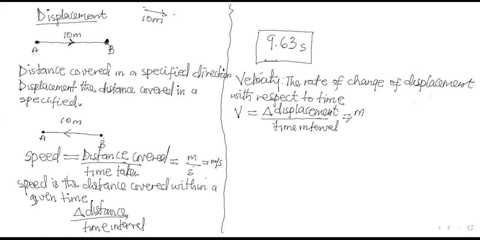In determining the unit, we do not look at the direction. So meter per time interval, SI unit second. So velocity also has its unit as meter per second. Both quantities, speed and velocity, have the same unit, just as distance and displacement also have the same unit.